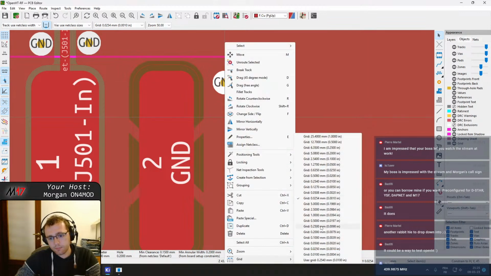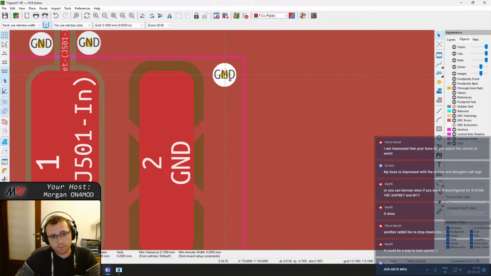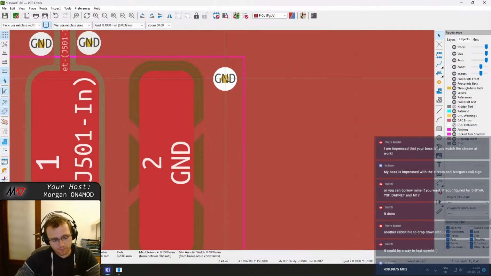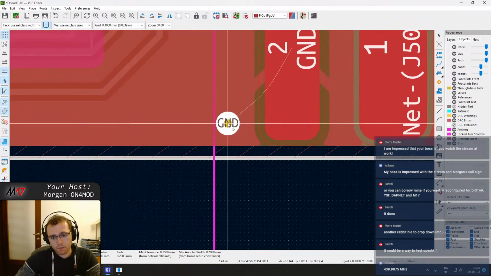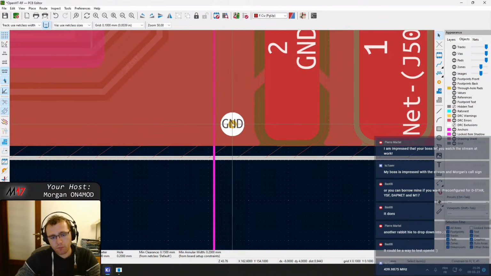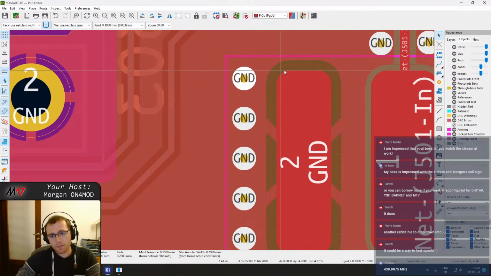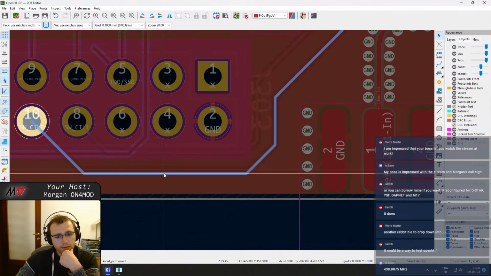Oh, you know what? Let's pick metric grid. Okay, now we still have plenty of vias to add.